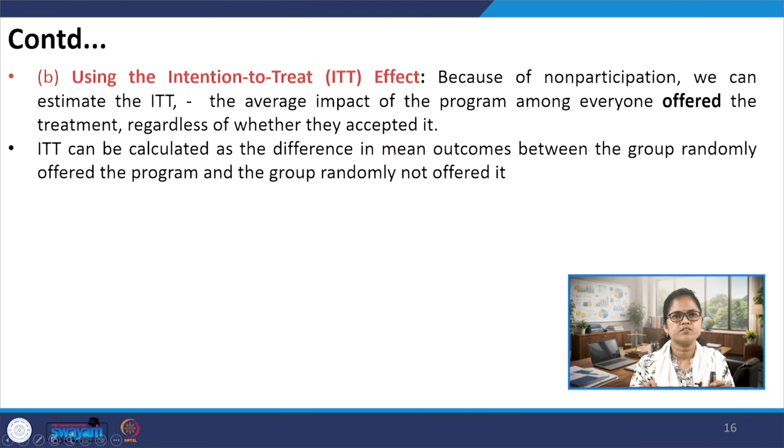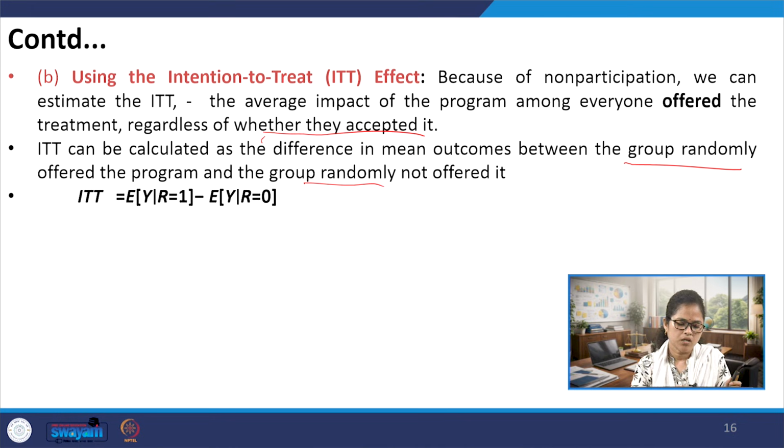So what is this intention to treat? It is the average impact of the program or policy among everyone offered the treatment, regardless of whether they have accepted it or not. So ITT can be calculated as the difference between the mean outcomes of the group randomly offered the program and the group randomly not offered the program.